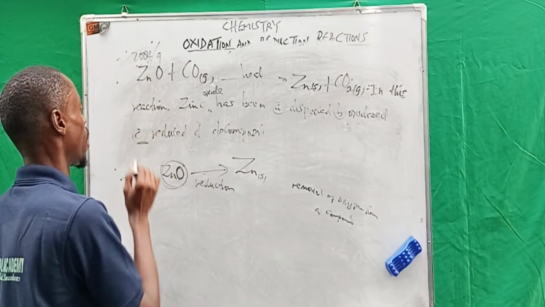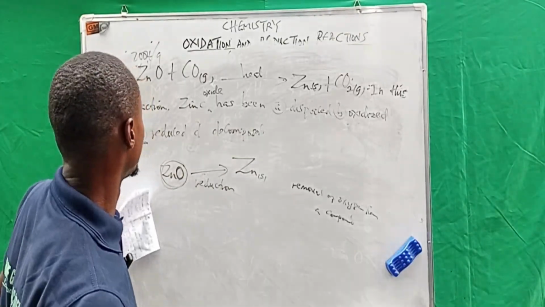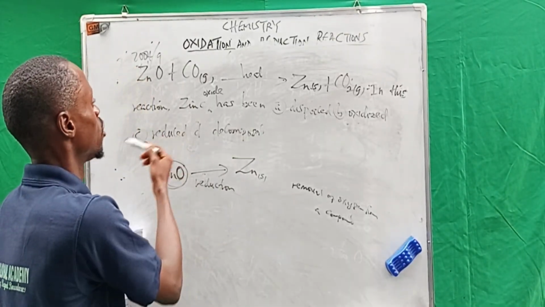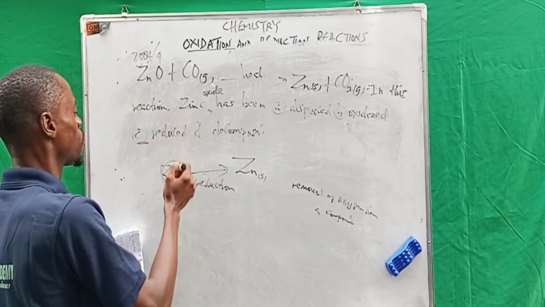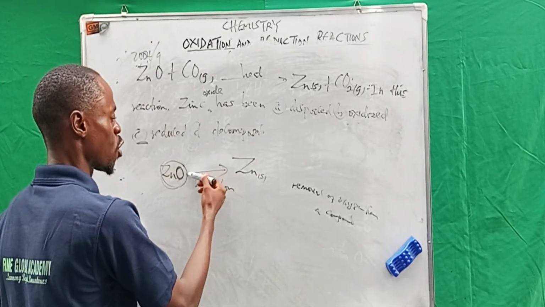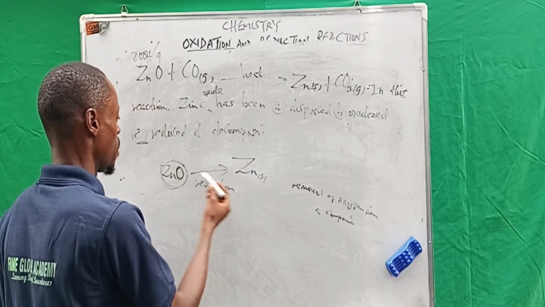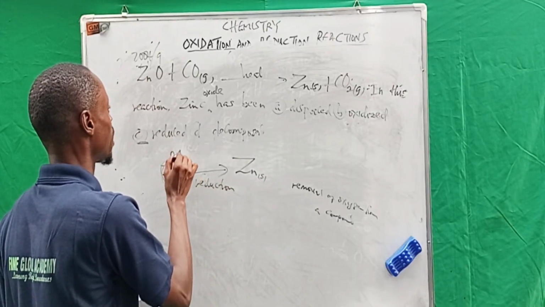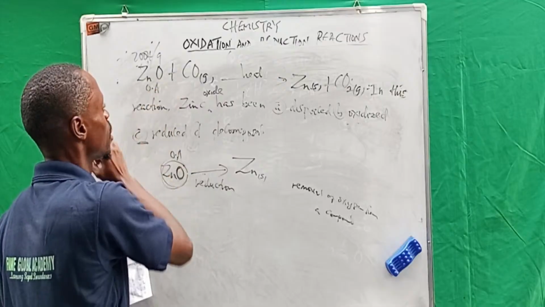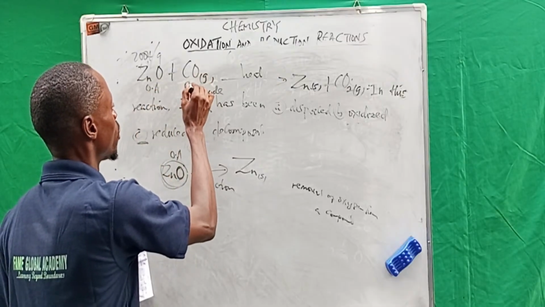And of course, that makes our correct option to be option C. If zinc oxide has been reduced to metallic zinc, it simply means that zinc oxide is the oxidizing agent. Oxidizing agent. And CO is the reducing agent.